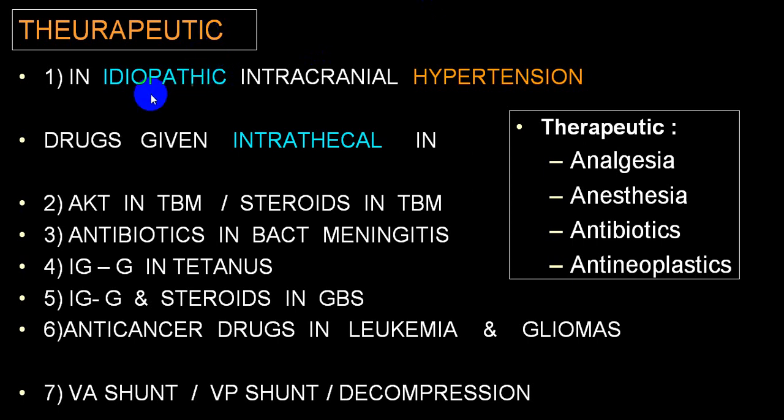Therapeutic purpose we already mentioned. It will be very useful in idiopathic intracranial hypertension. You remove a certain quantity of CSF and reduce the intracranial pressure. Intrathecal drugs, like in tubercular meningitis, you can inject an injectable tubercular drug or steroid to prevent fibrosis and hydrocephalus.